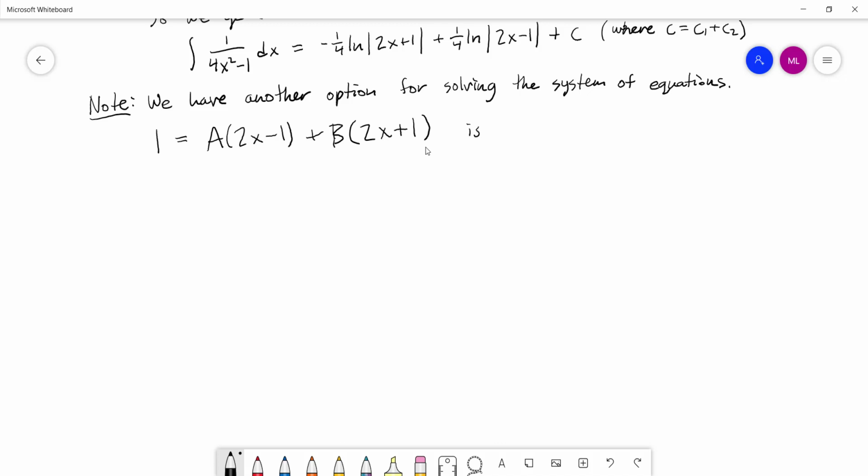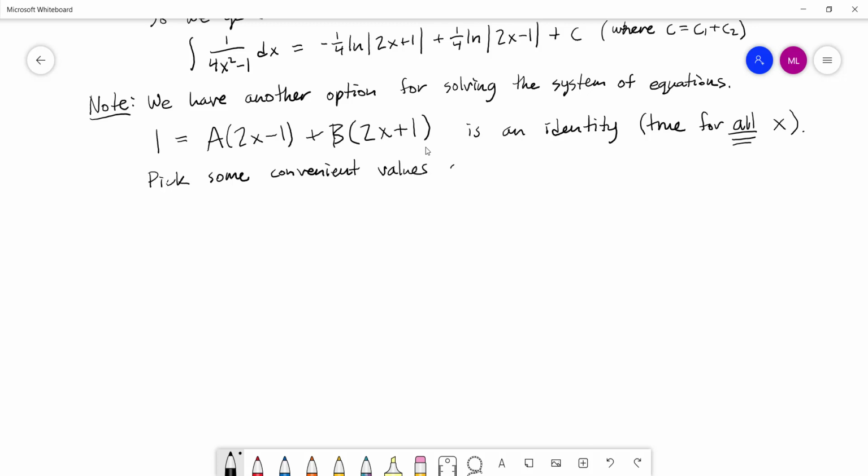This is an identity, meaning it's true for all values of x. We want to pick an x or two that make it easy. If it's true for all x, that means it's also true for convenient values of x. So let's pick some convenient values of x to plug into this thing.